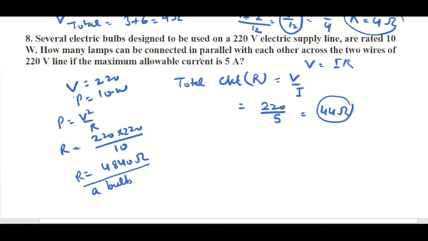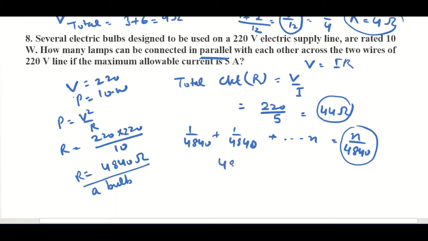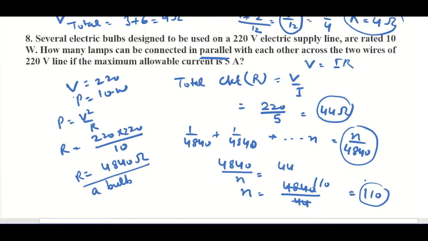They are connected in parallel, as given in the question. So again 1/4840 plus 1/4840 plus up to n terms. So the equivalent resistance is 4840 upon n. Now this is a parallel combination, so take the reciprocal, and it is equal to 44. Now find n. Cancel it. So the answer is 110 bulbs can be connected.